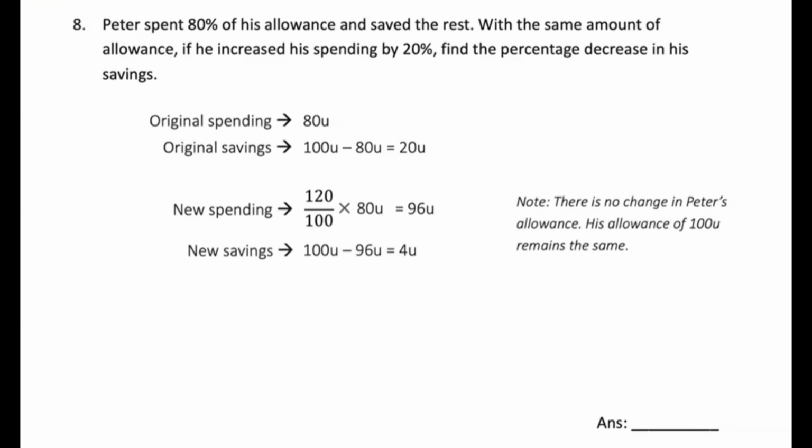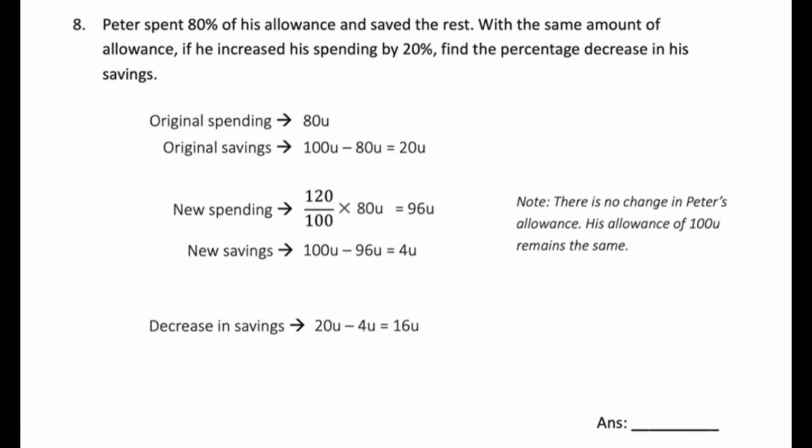So what's the question? The question is, what's the percentage decrease in the savings? So the savings originally was 20. The decrease will be 16 units. Now, the confusing part people have is how to find the percentage. To find the percentage, you need to know what's the denominator. 16 over what? 16 over the original.